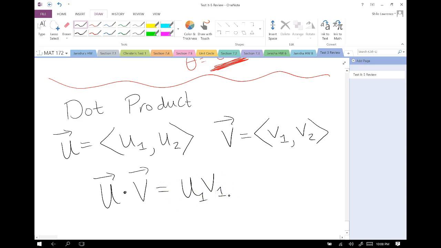So you multiply the first components together, you multiply the second components together, and then you add the results. So it's u1 times v1 plus u2 times v2. It's just a quick, simple formula that has some multiplication and addition in it.